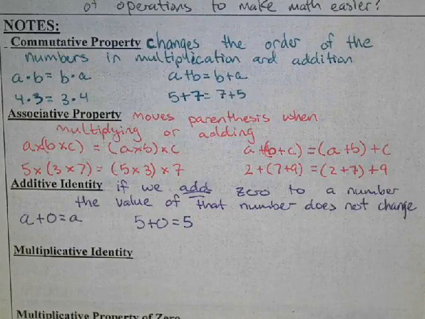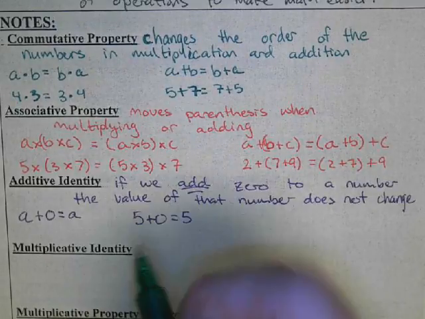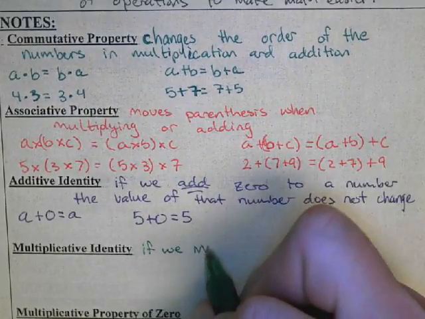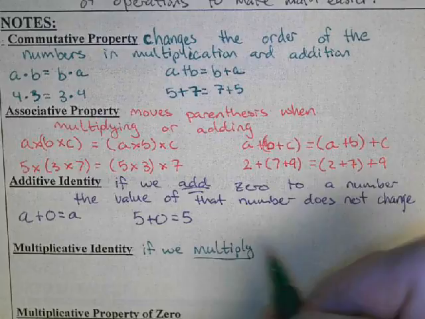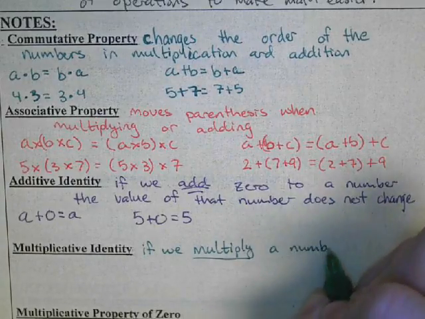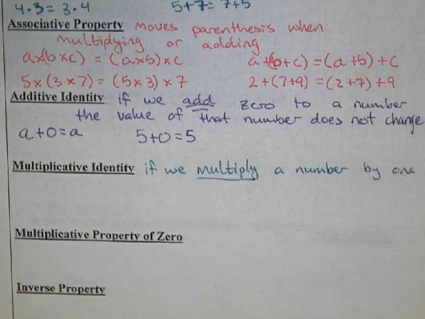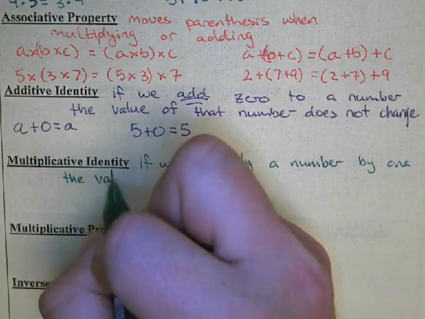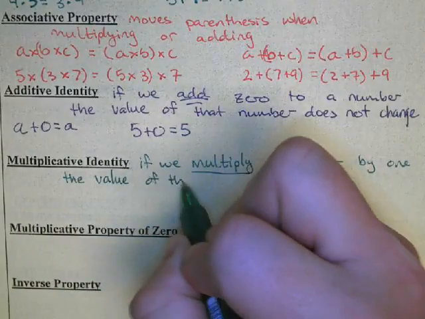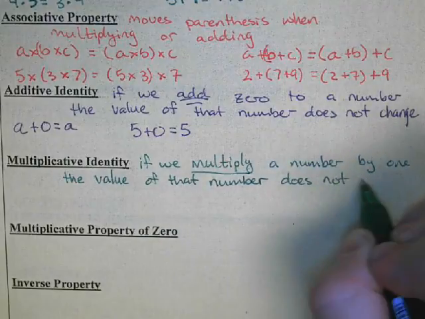The multiplicative identity is similar to the additive identity because we're just not going to change the value of a number. So if we multiply a number by 1, the value of that number does not change.